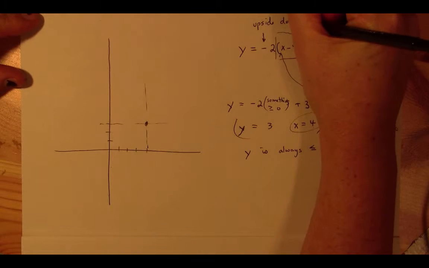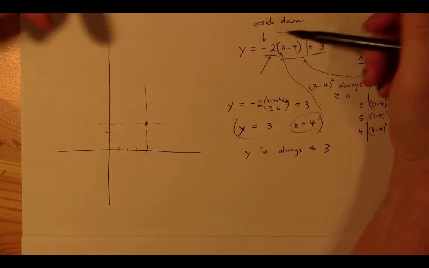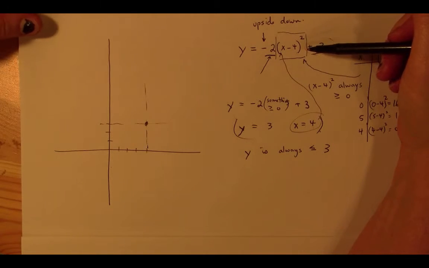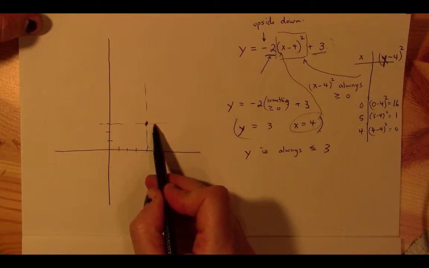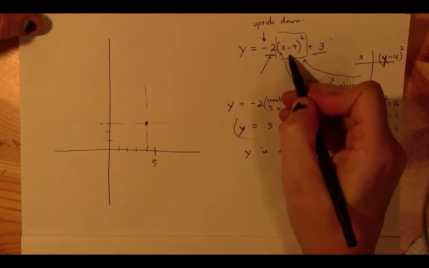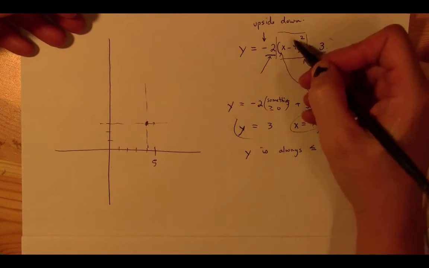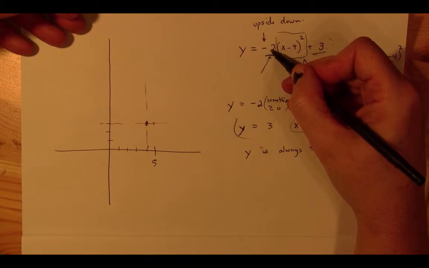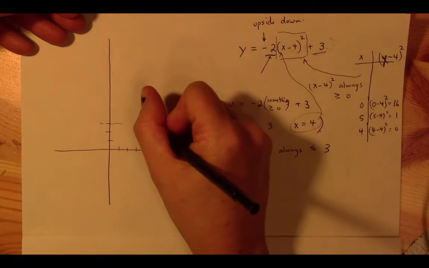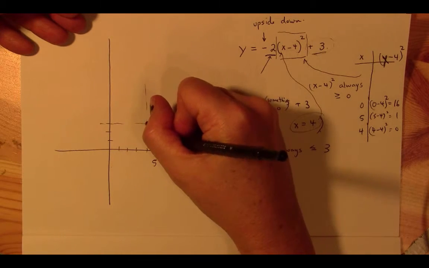Now I know that it opens down, and the fact that there's a number in front of here means that something a little bit different is going to happen. So when I move 1 away from the vertex, for example, putting in x equals 5, 5 minus 4 is 1. So it's the same result as just squaring that 1. So 1 over, I square the 1, I get 1, but now I'm going to multiply it by minus 2. So instead of over 1 and down 1, I'm over 1 and down 2.